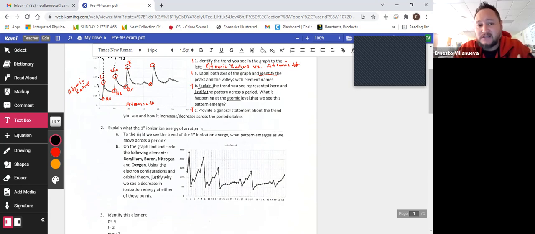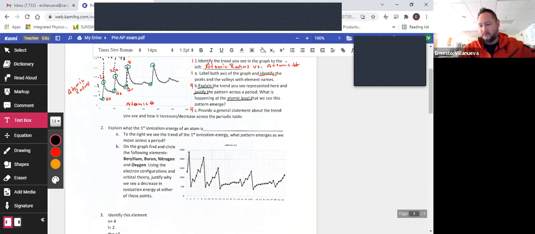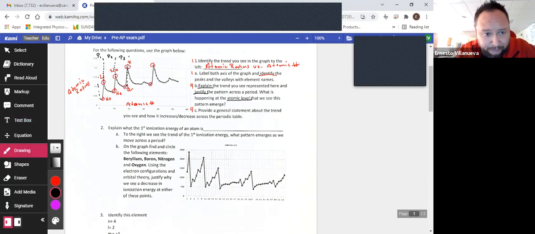You just have to explain it in a way that lets me know you understand what you're seeing. If you're giving me an explanation of what the peaks are doing, I can see that. You need to tell me why they're doing that. Question C says, provide a general statement about the trend you see in how it increases or decreases across the periodic table. Well, from what we see here across the period, using my mouse, it decreases.